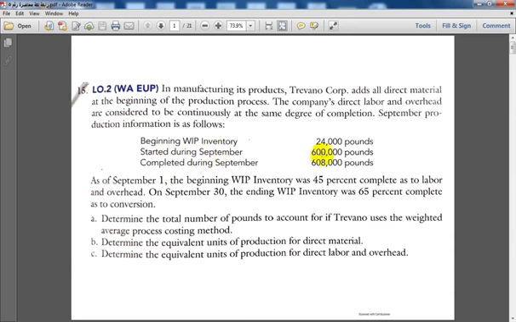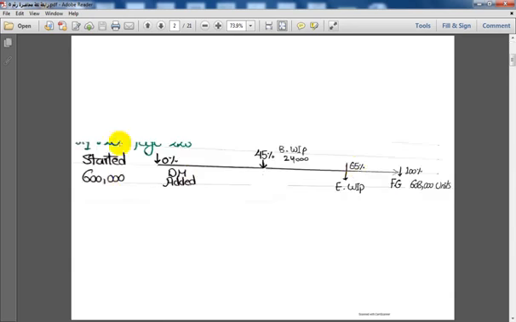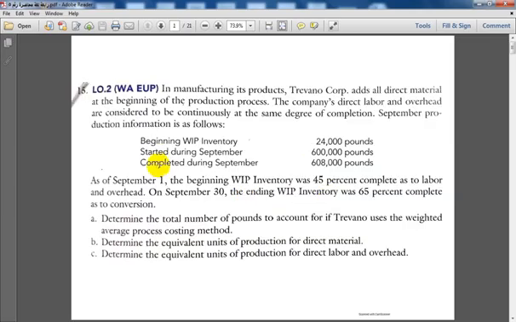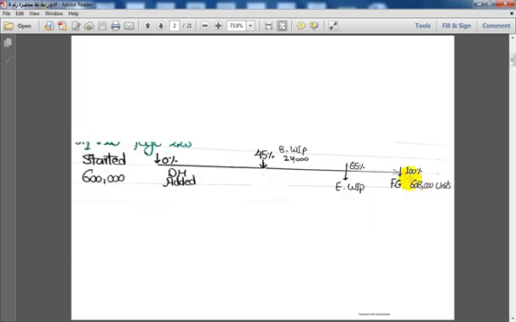Started during September, 600,000 started, so we put the started units at 0%. Completed during September, we can say completed, or finished goods, or transferred out, 608,000 completed, so it appears at 100%. Finished goods 608,000.